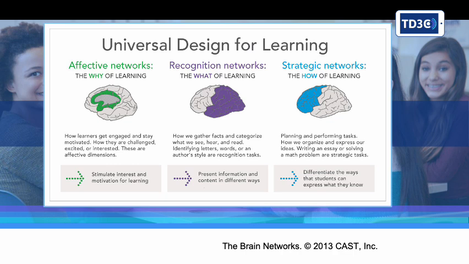This has to do with the way we organize information in our brain and how we express our ideas, like, for instance, writing a paper or solving a problem or other tasks that we might have in our hands. So, this is how our brain is connected to each pillar of the universal design for learning.